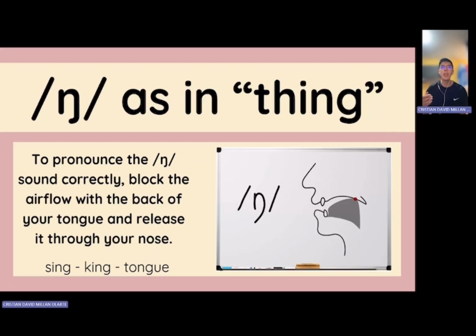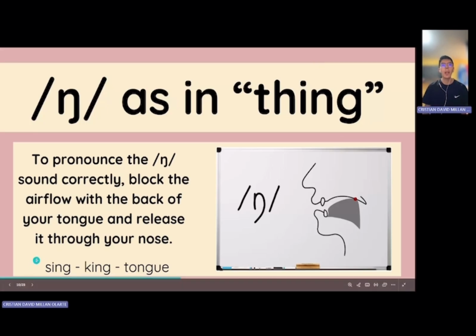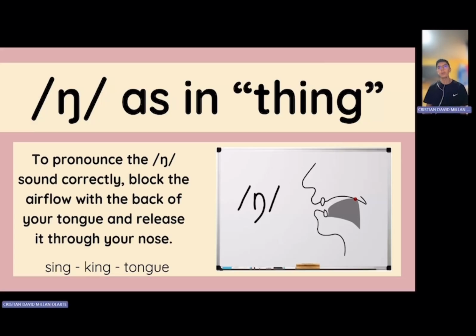With N you block the airflow with the tip of your tongue. In the ng sound, you block the airflow with the back of your tongue. So that's the difference between these three phonemes. We have these words: sing, king, and tongue. Yep, that's good.